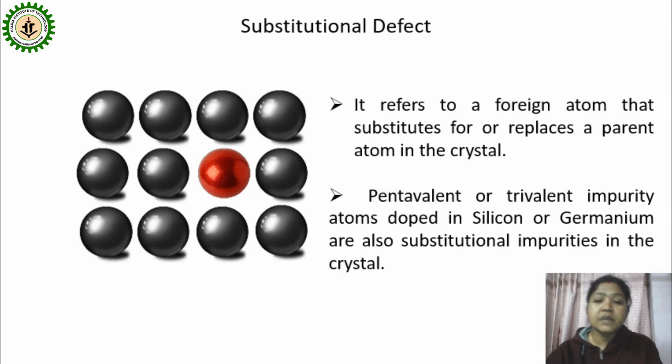This type of defect is called substitutional defect. It refers to a foreign atom that substitutes for or replaces the parent atom in the crystal. An example is pentavalent or trivalent impurity atoms doped in silicon or germanium, which are also substitutional impurities in the crystal.